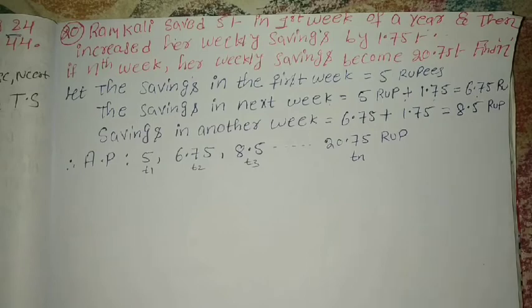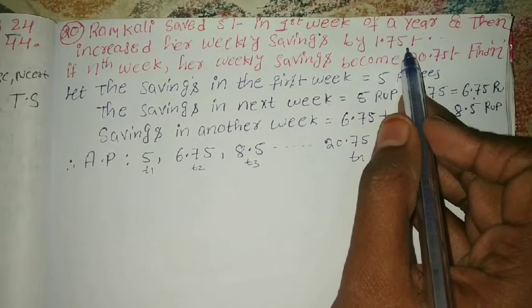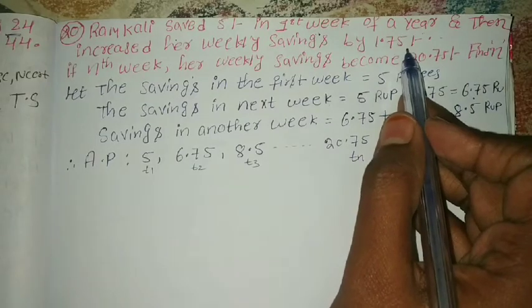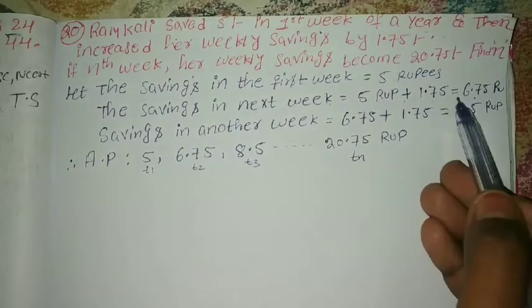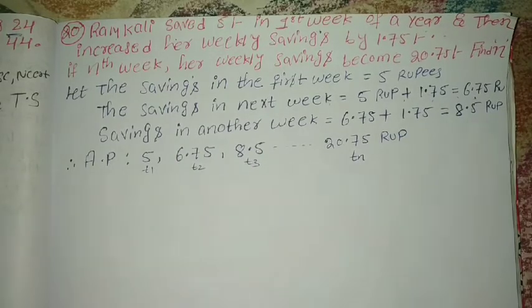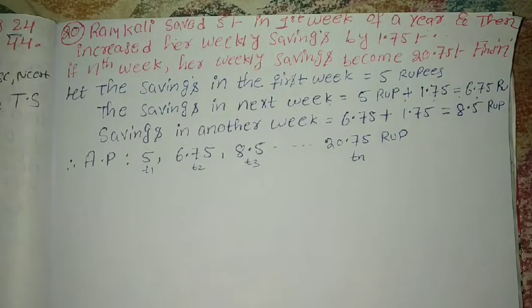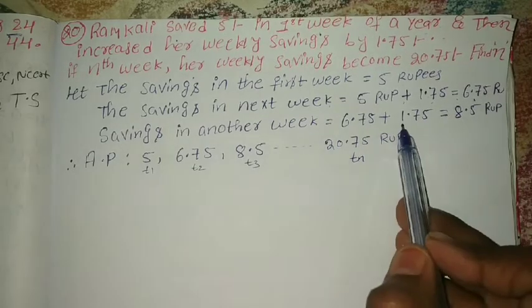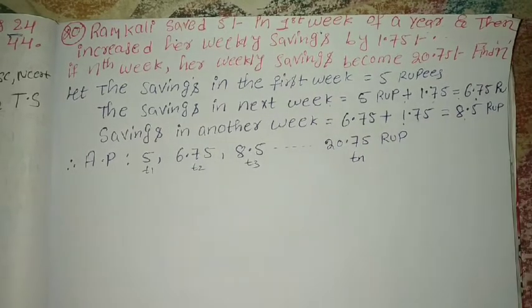That means she gets 1.75 rupees increased, 5 plus 1.75 becomes 6.75 rupees, right? And what about next week? She will increase it by 1.75 rupees itself. That means 6.75 plus 1.75 is equal to 8.5 rupees.